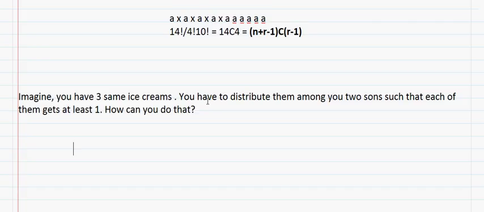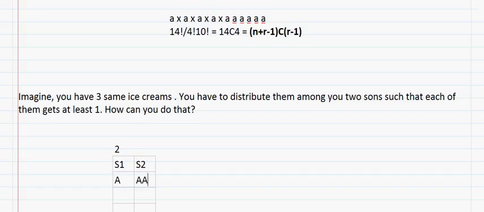Since they are identical, what you can do is give 1 ice cream to each of the 2 sons, and the remaining 1 is left, which can go in 2 ways. It can go to either son 1 or son 2, right? So this is one way out. The other way out is, let's make a table first. So it's S1 and S2, right?